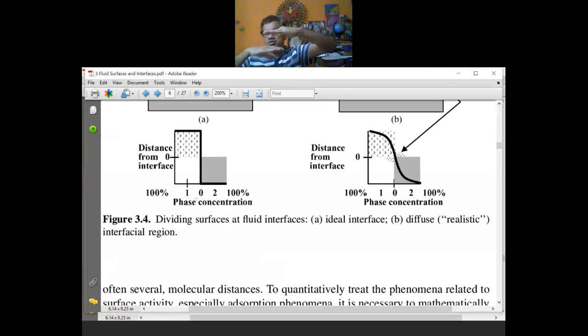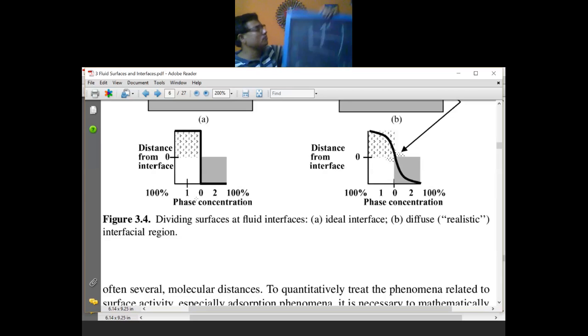If I take water, say an air-water interface, and move across the boundary line, water has a certain density. The water molecule in the liquid state has a density, say 1 gram per cubic centimeter. And the density of water vapor is much less.